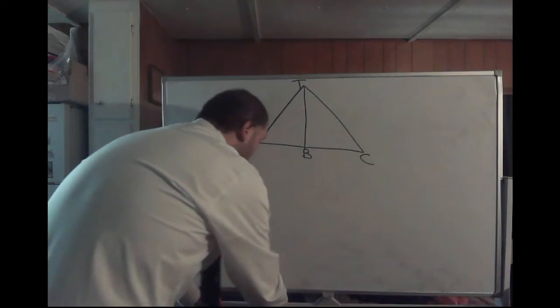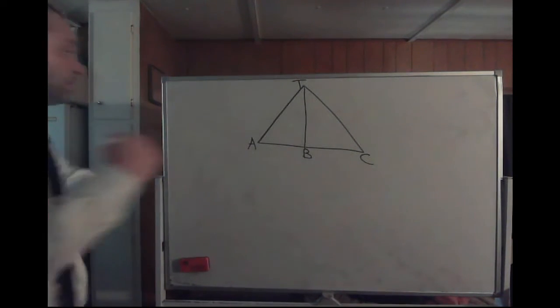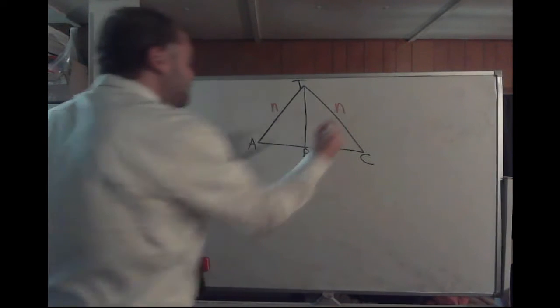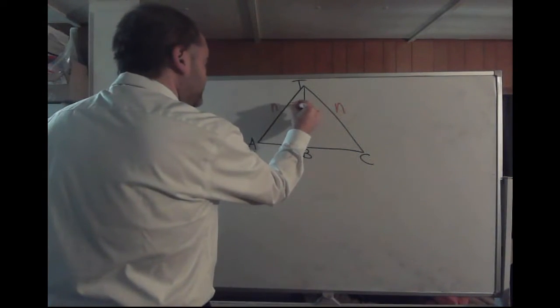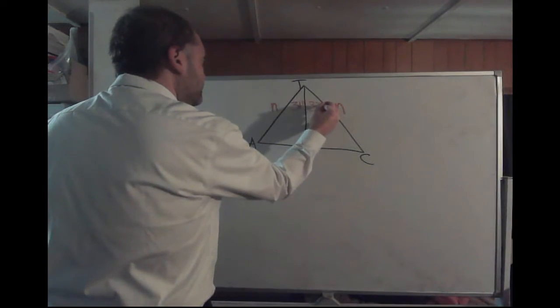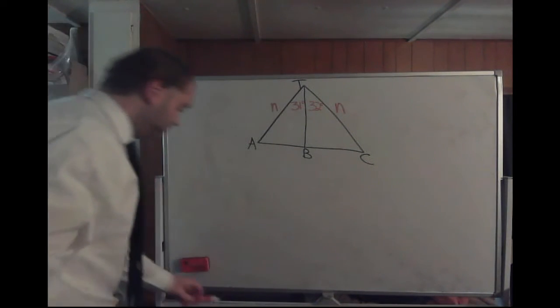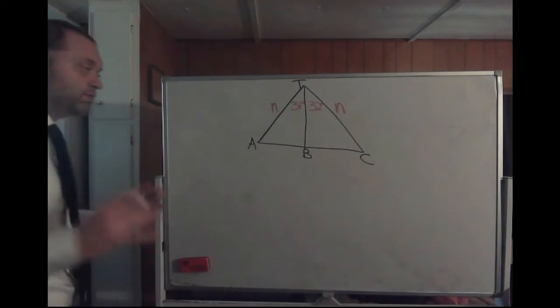So we have another one with one triangle split into two. All right, length of n, length of n. This angle here is 31 degrees. This angle here is 32 degrees. Okay. So we have one triangle split into two, right?